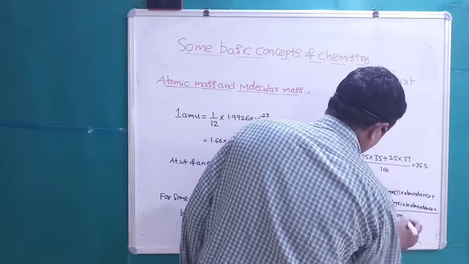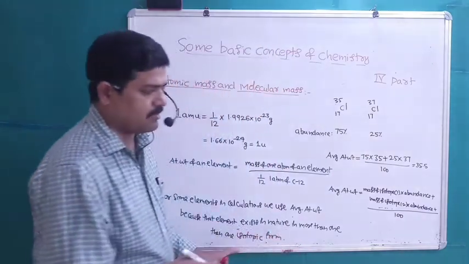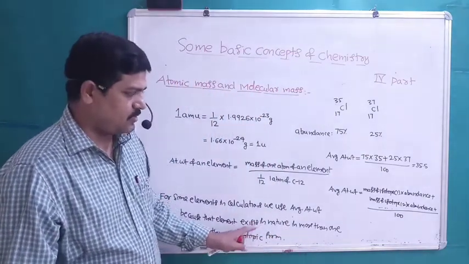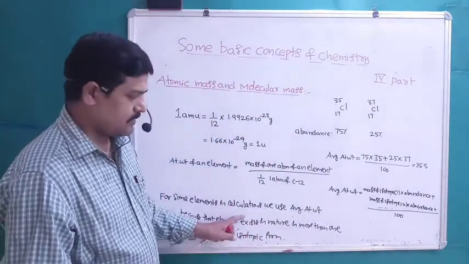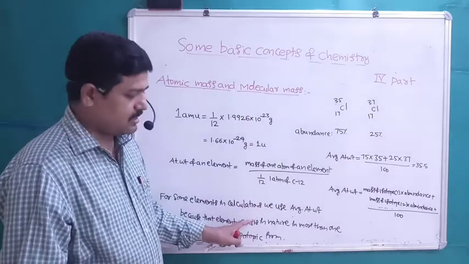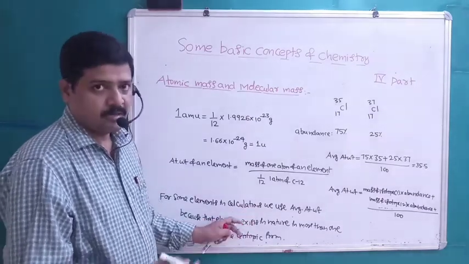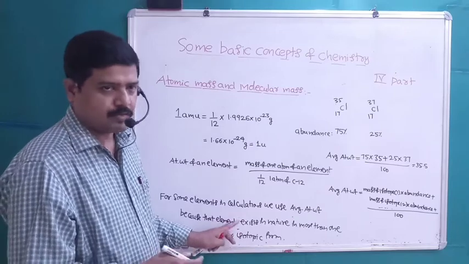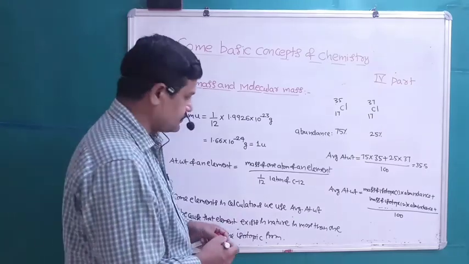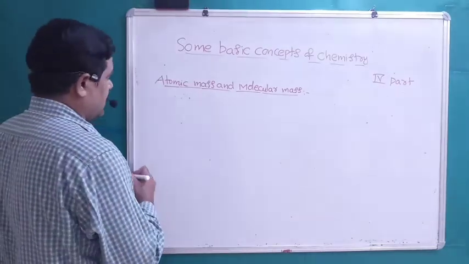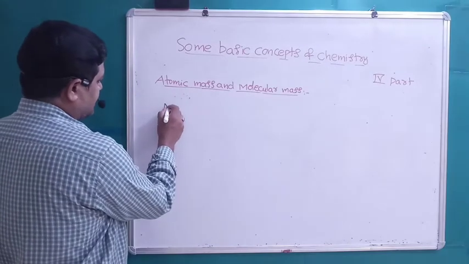This gives us the average atomic weight. This is generally used for elements which in nature exist in more than one isotopic form. Next is molecular mass.